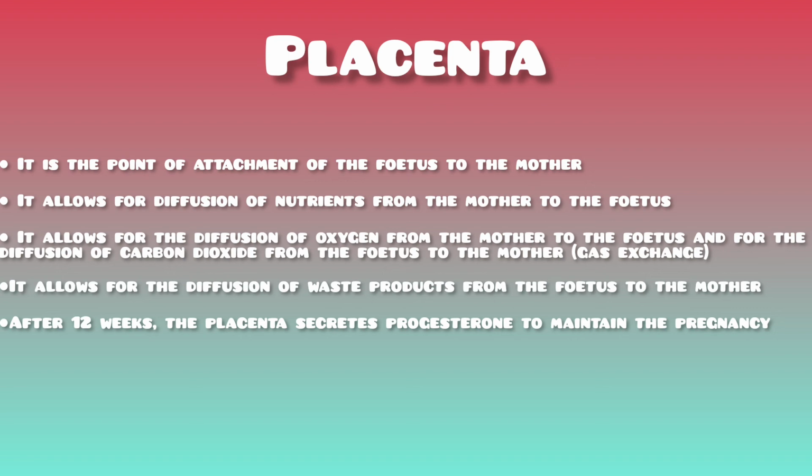It allows for diffusion of nutrients from the mother to the fetus. It allows for the diffusion of oxygen from the mother to the fetus and the diffusion of carbon dioxide from the fetus to the mother. It allows for the diffusion of waste products from the fetus to the mother, and after 12 weeks, the placenta secretes progesterone to maintain the pregnancy.